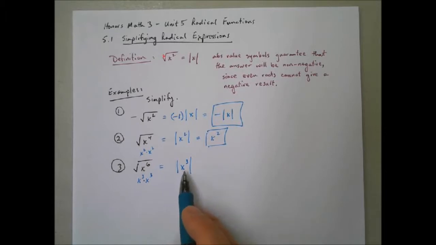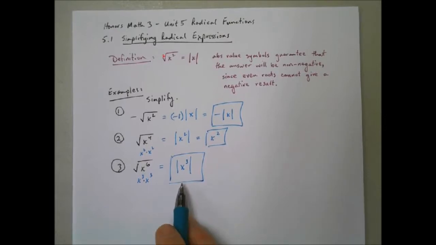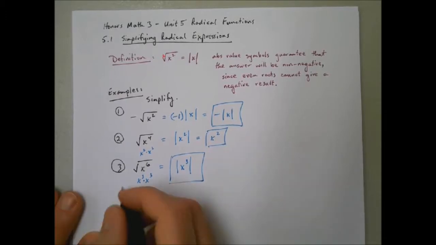I wouldn't need the absolute value if x was positive. What if x is negative? If x is negative, a negative cubed is still negative. I need the absolute value because if I don't have it and x is negative, I would get a negative result. And even roots cannot yield a negative result.